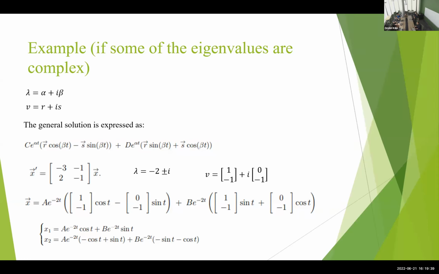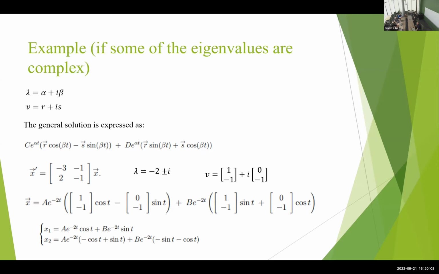So if you solve the determinant and obtain a complex number, we need to add some trigonometric functions to our solution. Besides the exponential function, we need to multiply by trigonometric functions to obtain the solution, and it's based on the following steps.